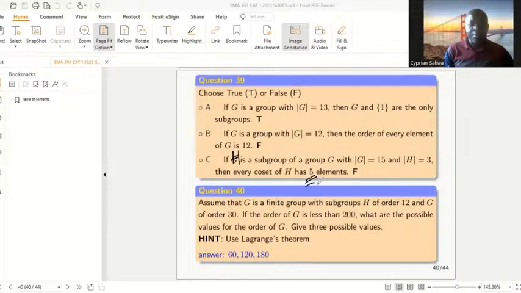That is not correct. Because the number of elements of the coset should be the same as the order of the subgroup. Not 5. No, that's not correct.